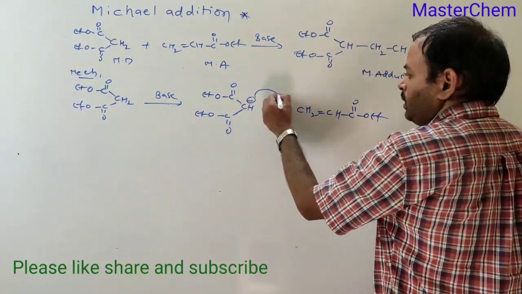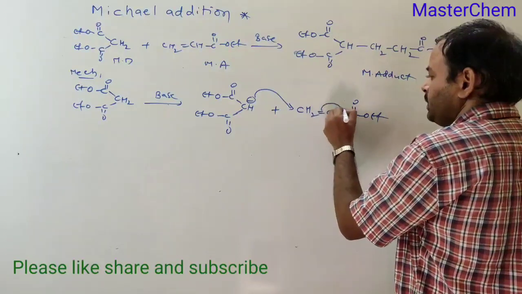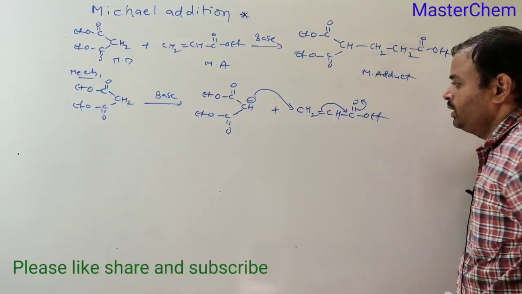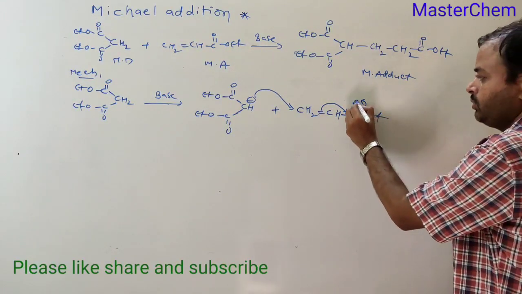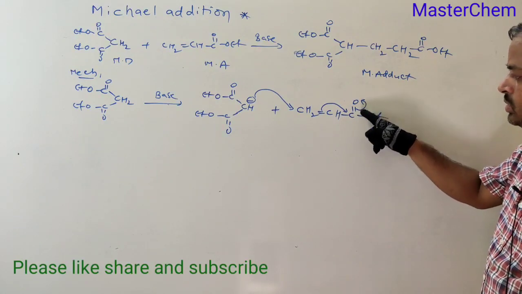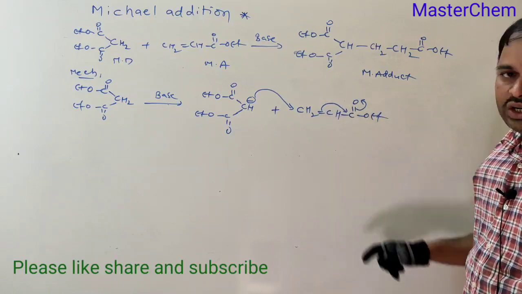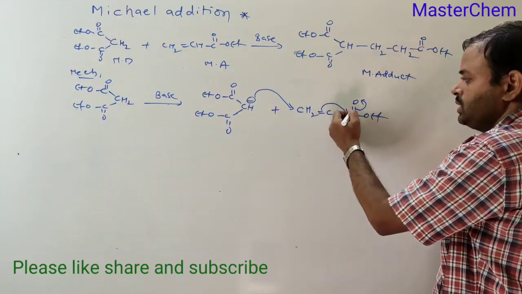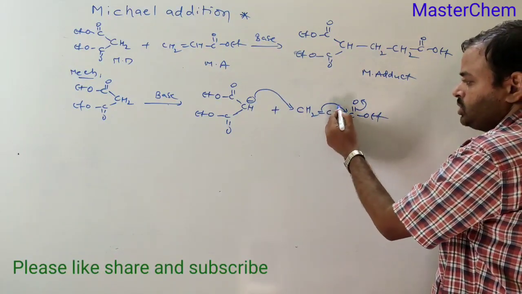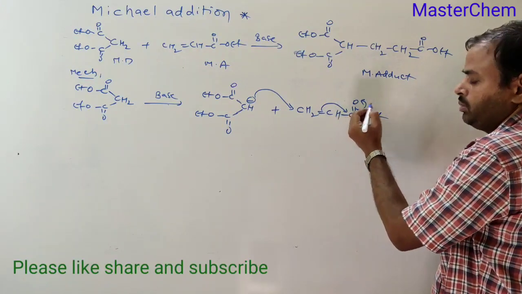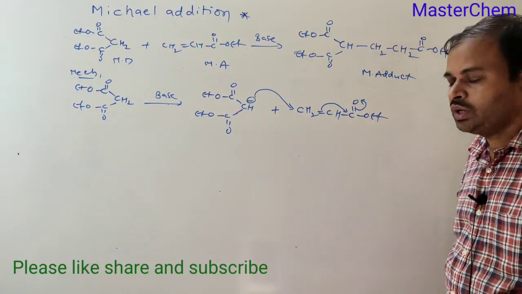So delocalization takes place in this manner, due to more electronegativity of oxygen. So delocalization towards the carbonyl oxygen, and here conjugate addition takes place. Here there is a conjugation: double bond, single bond, double bond. That's why this is conjugate addition.